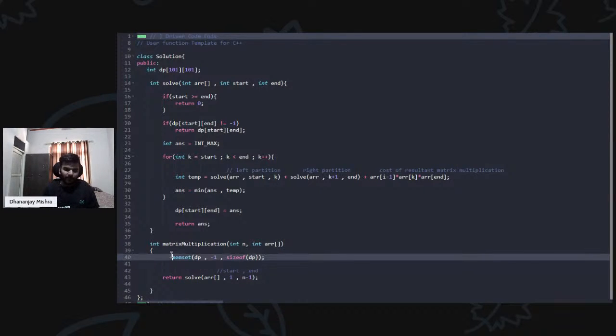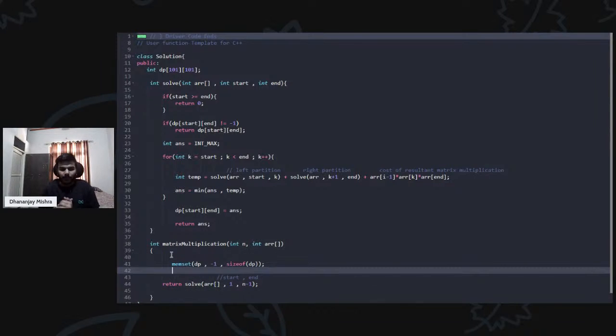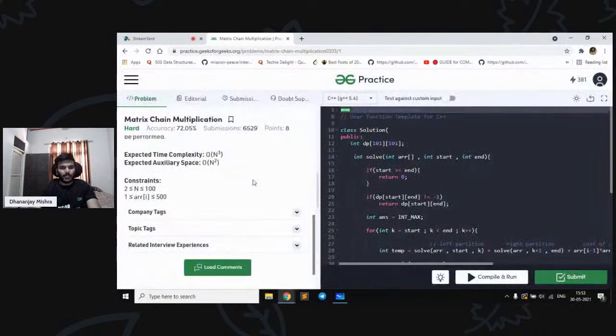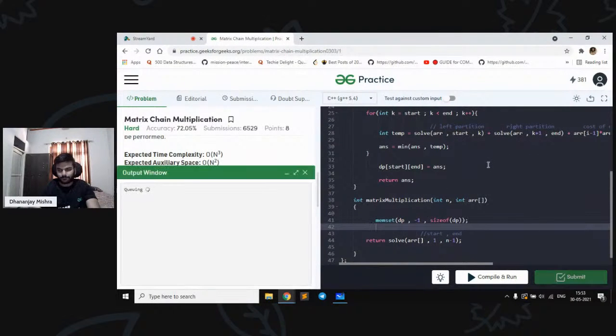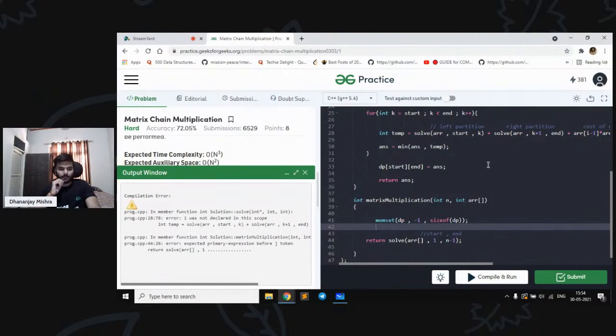Basically what this memset function does is it takes this array, the size of that data structure, or whatever data structure you will be using for memoization, and initializes all those values to -1. So yeah guys, that's all about this one, right? That's all the code, and I hope the code is also clear to you, right? And we'll try to submit it. I hope it will get submitted.